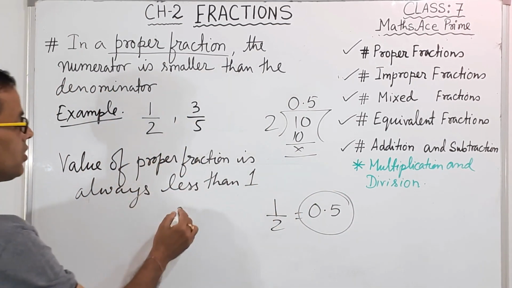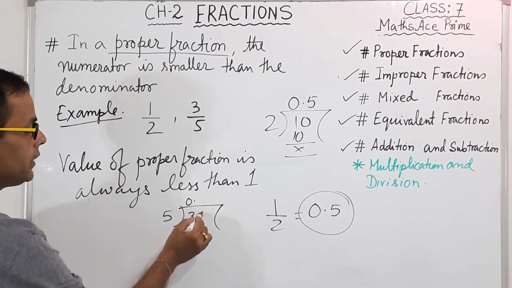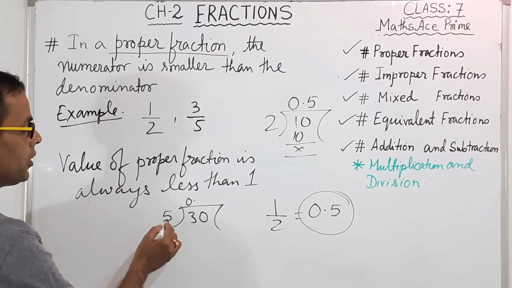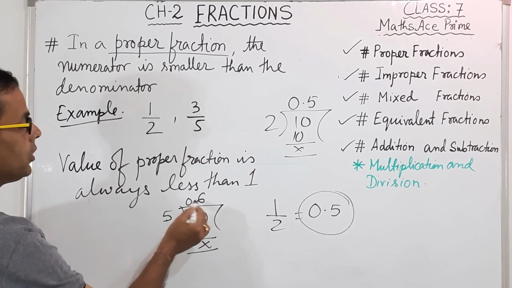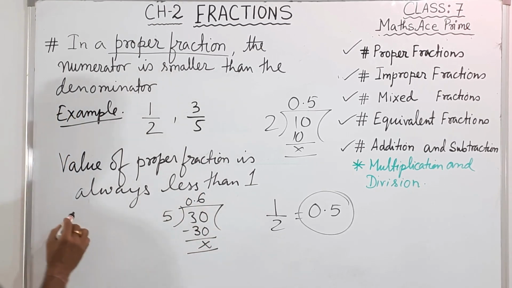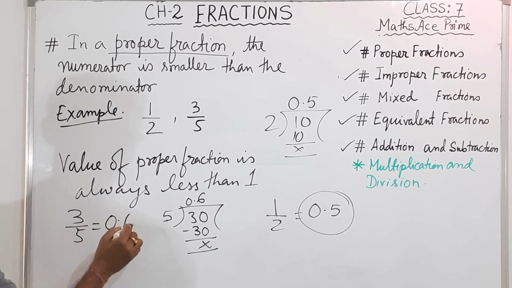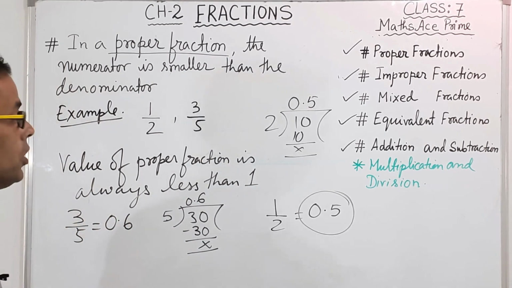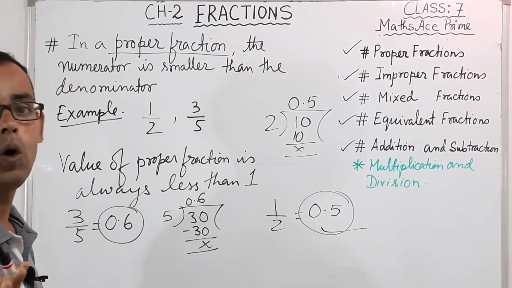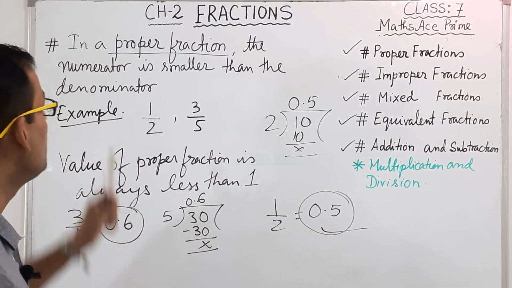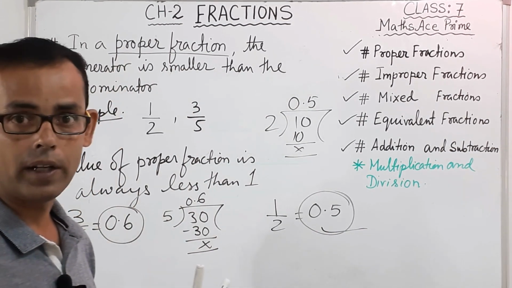If you take 3 by 5, it is the same thing: 5 will not go, so 0 point, then 6 5s are 30, and you will get 0.6. Clear or no? So this 0.6 and this 0.5 are all less than 1. So for a proper fraction, the value is always less than 1.